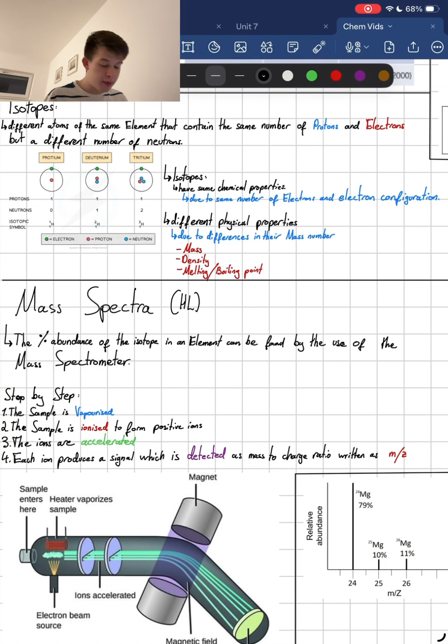The step-by-step is that the sample is vaporized, then ionized to form positive ions, then accelerated, and only then detected, as mass to charge ratio, which is also known as m/z.